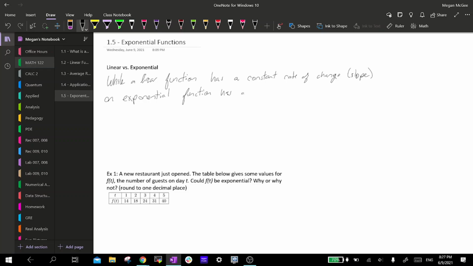has a constant percent, or sometimes called relative, rate of change. And what we mean by that is that each, I'll call it step of data, depends on the previous step.